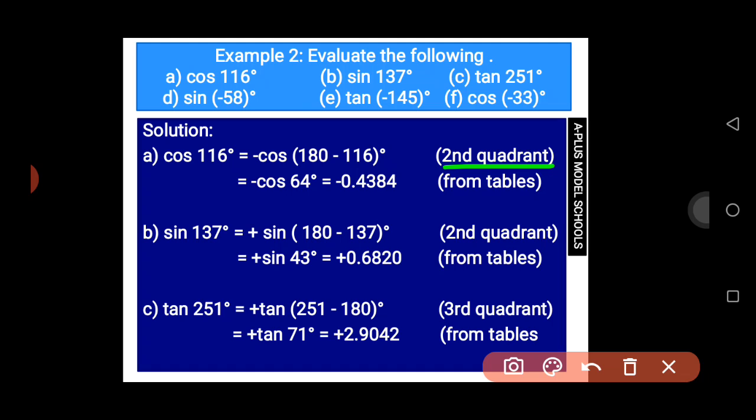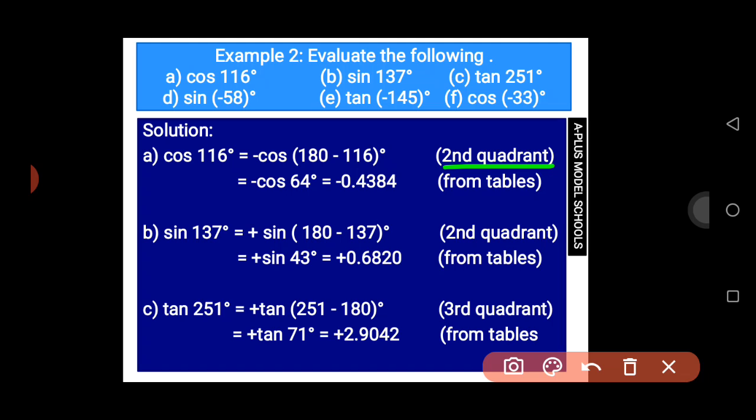So subtract 137 degrees from 180 degrees. That will give you 43 degrees. In the second quadrant, sine is positive, so that will give you plus sine 43 degrees. Go and check your four-figure table looking for sine 43 degrees, which will give you 0.6820.